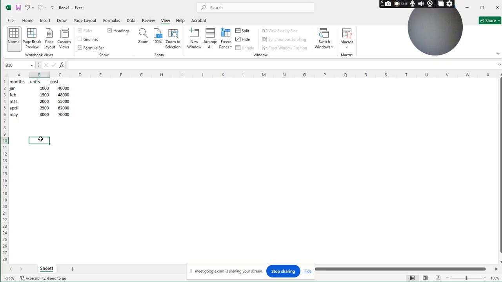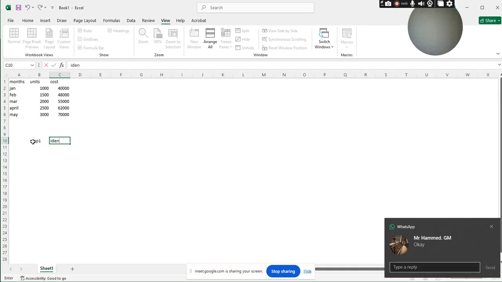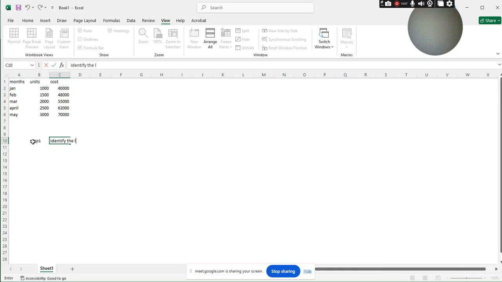Now the first step here which we have done, let's say step one, is to identify the lowest activity level and the highest activity level, which we have done.